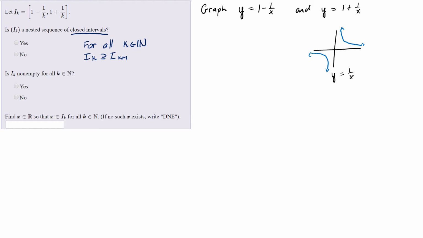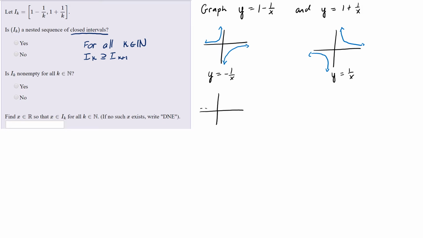And then if we wanted to get the graph for minus 1 over x, we just take this first thing and we flip it over the x-axis, like so. But these weren't the graphs that we wanted. Ultimately, we wanted to add 1, and what that's going to do to the picture is just shift everything up by 1 unit.